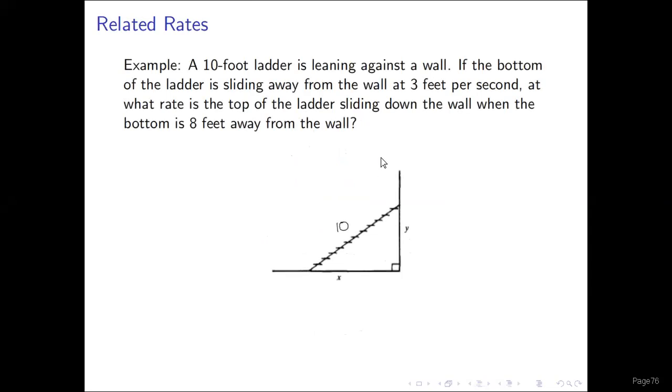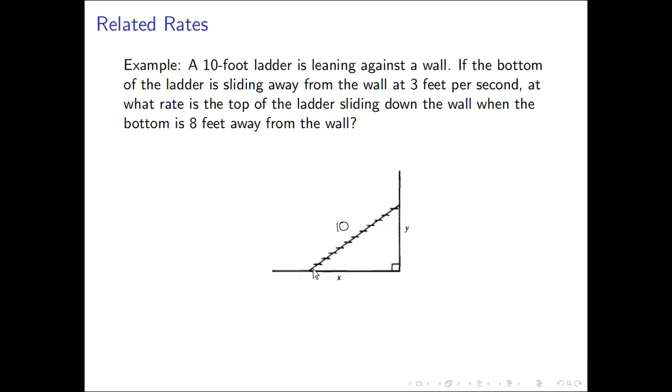Let me just go back to that. Now here, we are given dx/dt, which is the rate at which x changes, the rate at which the bottom is moving away from the wall. And since x is increasing, that means positive 3. Of course, if x is moving towards the wall, that would be negative 3, since x is decreasing in that case.